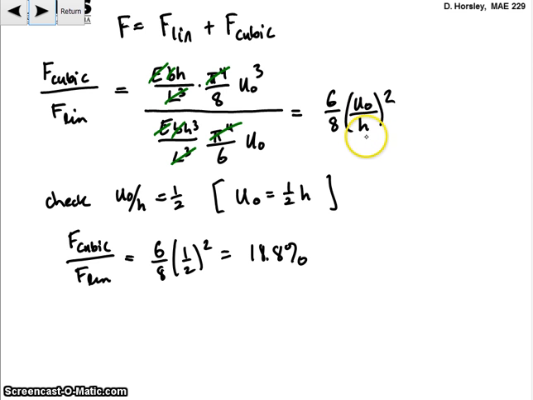Okay, so beams that are narrower can go to smaller displacements before they start to become nonlinear. And what we see is that the force from the nonlinear spring term is about 20% of the linear force, so fairly significant when the displacement is half of the beam width.